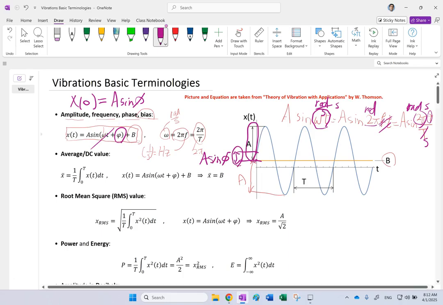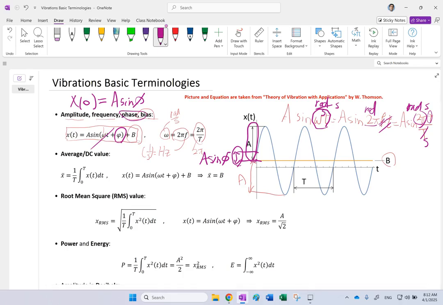That is the phase difference, or phase, you might just call it. That is where you start, or how much your signal is shifted along the x-axis. So bias is how much your signal is shifted along the y-axis. Phase is how much your signal is shifted along the x-axis. So these are the first four important parameters.